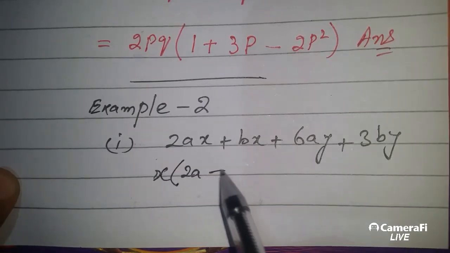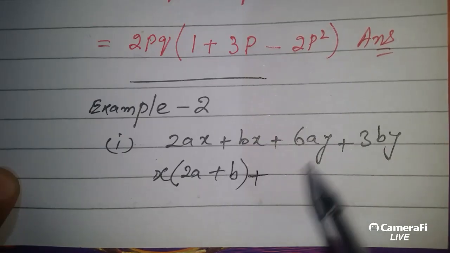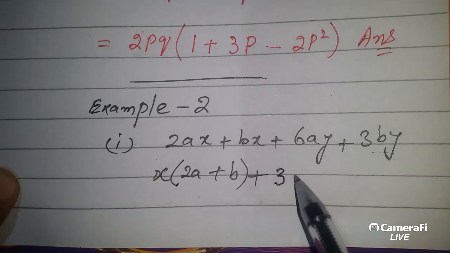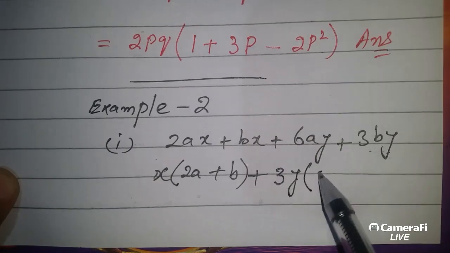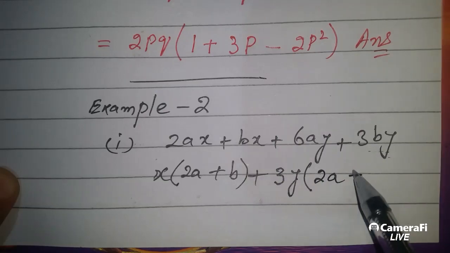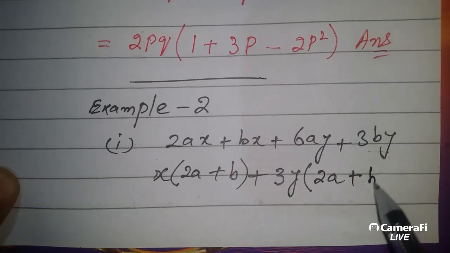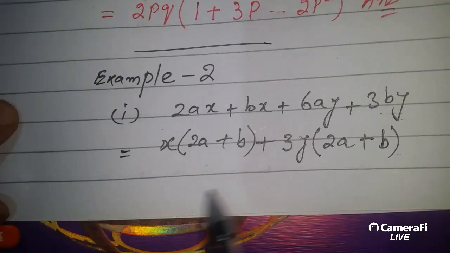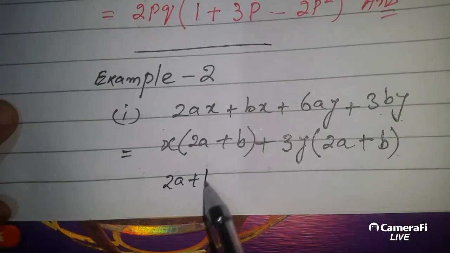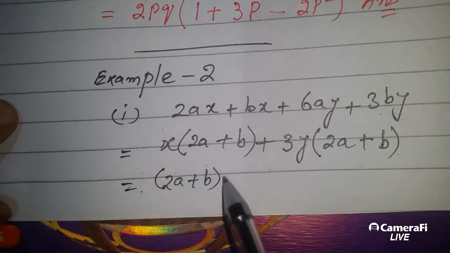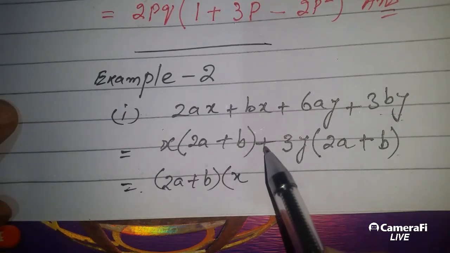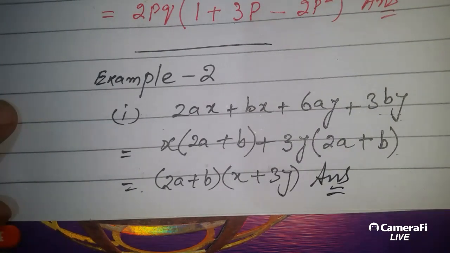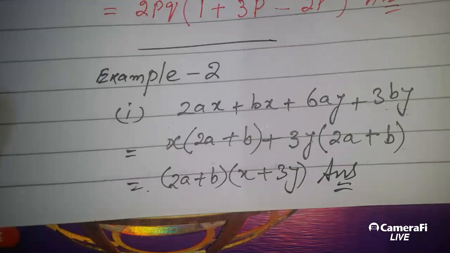So we have 2a plus b, and in these two terms 3 and y can be taken as common factor. 3 2s are 6, 2a plus b. So 2a plus b and 2a plus b can be taken as common. What is left is x plus 3y. This is the answer. Let's move to the next page.